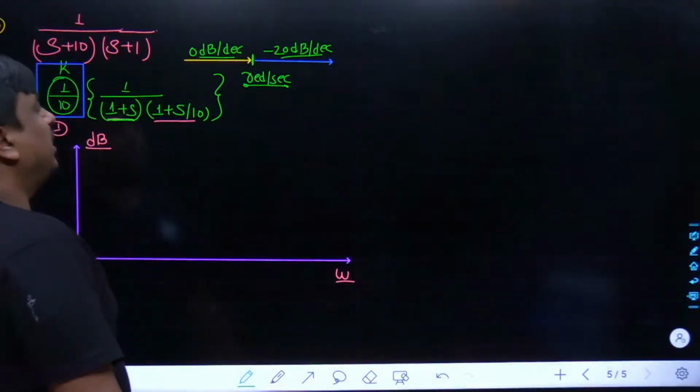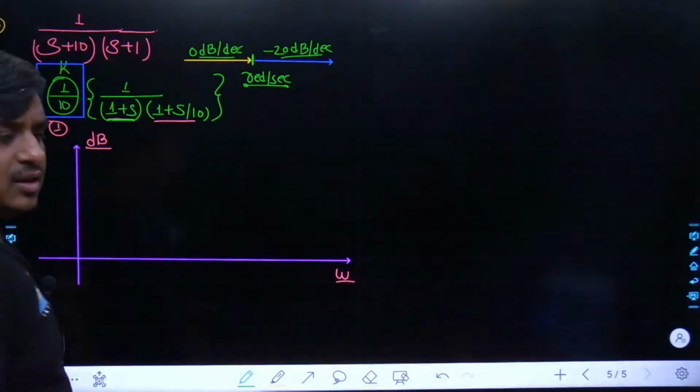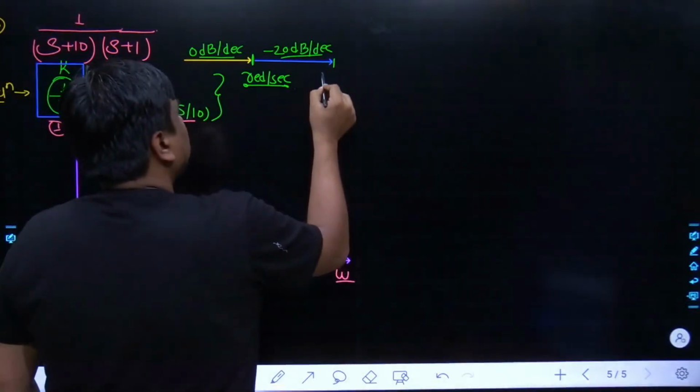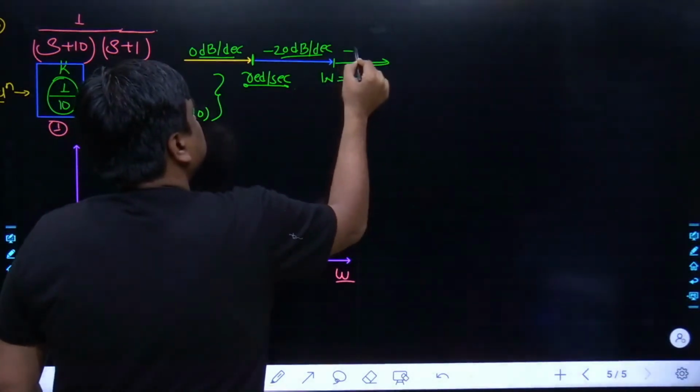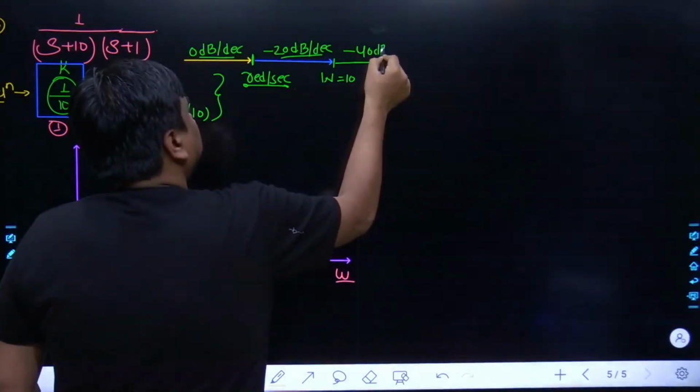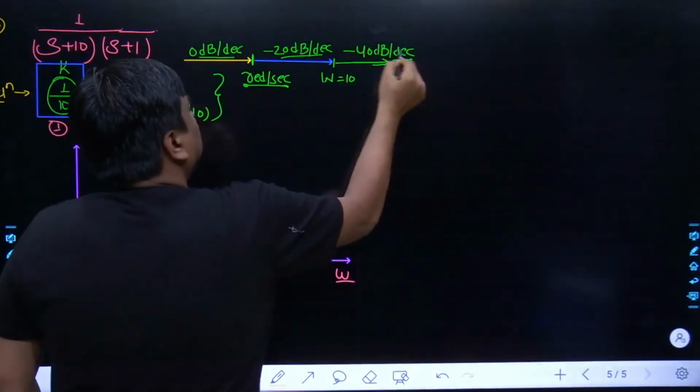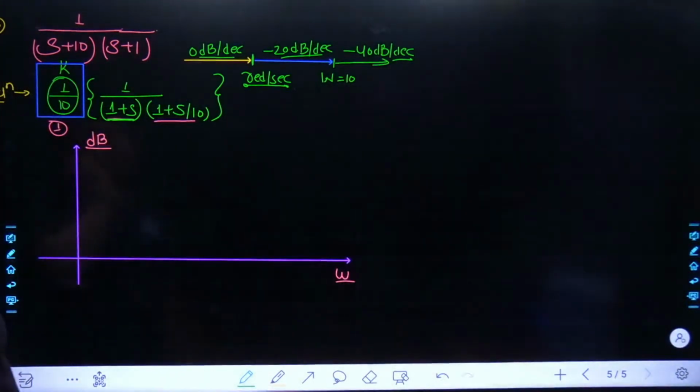May I know till which particular value it would last? It would last till omega is equal to 10, and from there onwards, it would change to minus 40 dB per decade because another pole has been introduced.